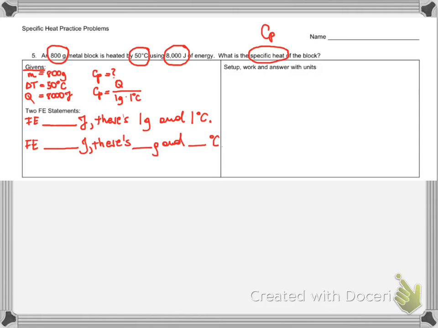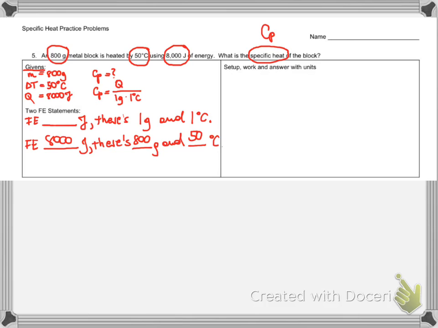So if you look into your givens portion of the problem, we know that we're using 8,000 joules, we're using 50 degrees Celsius, and the block has a mass of 800 grams. So now we have 2 for every statements.